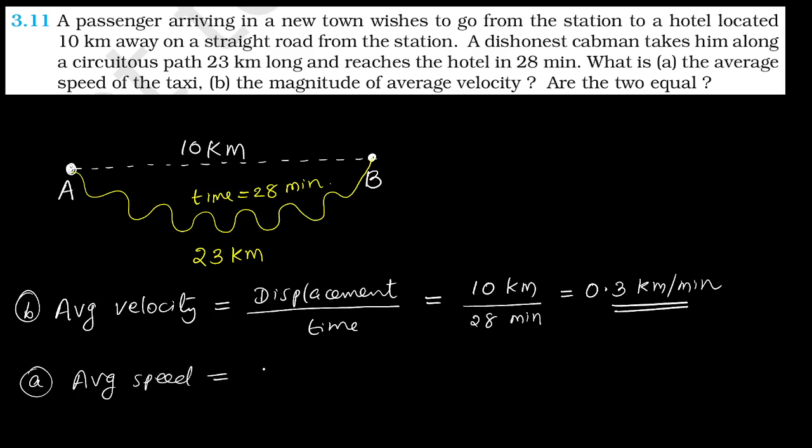Speed is nothing but the path length divided by time, or distance divided by time. But I prefer path length, you will not have any confusion. Path length: what is the actual path of traveling? This yellow colored one. That is the path length. It is 23.